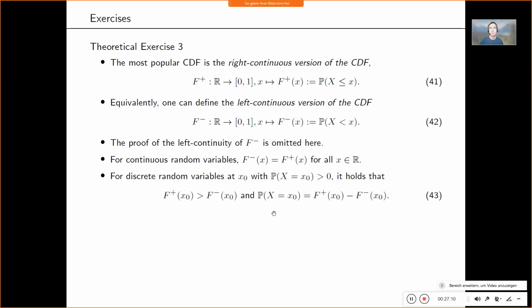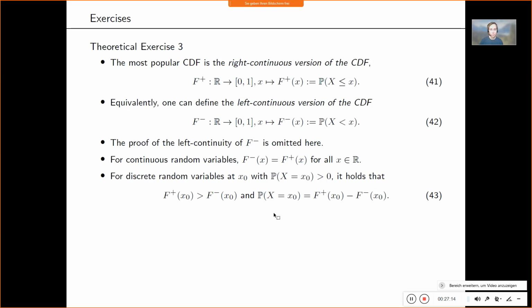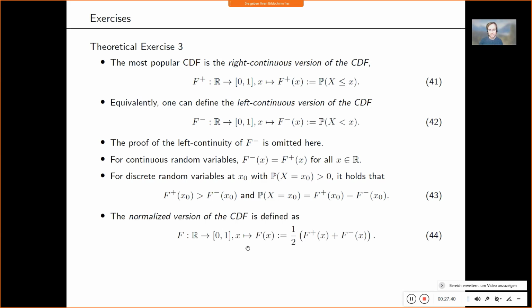And this can create a problem if you want to assign a CDF value to a specific value x0, and you have the case that you have two different CDFs.